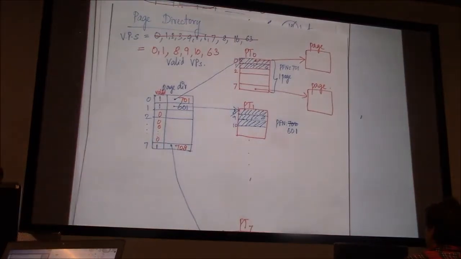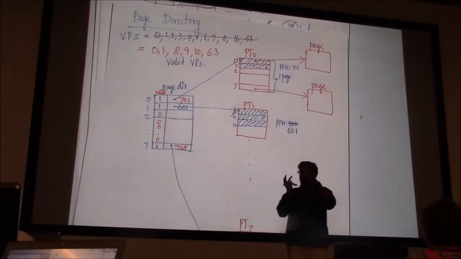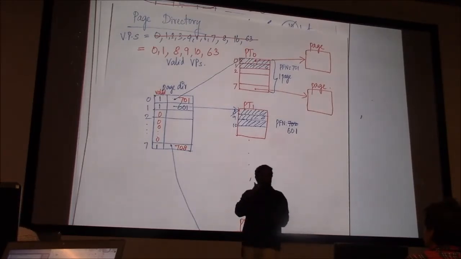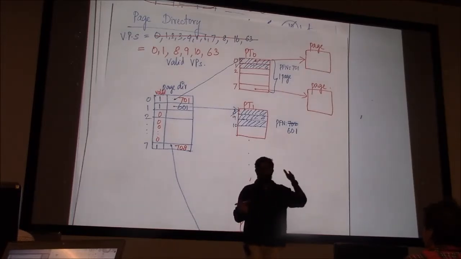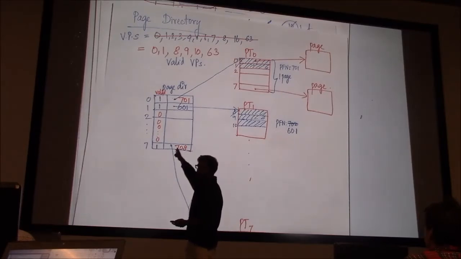Does it make sense? So this page directory, which has information about where a part of a page table is stored in the physical memory, okay, is the only linear structure that we need as of now, that needs to be stored contiguously. Does it make sense? So the only linear structure that we need as of now is just the page directory.